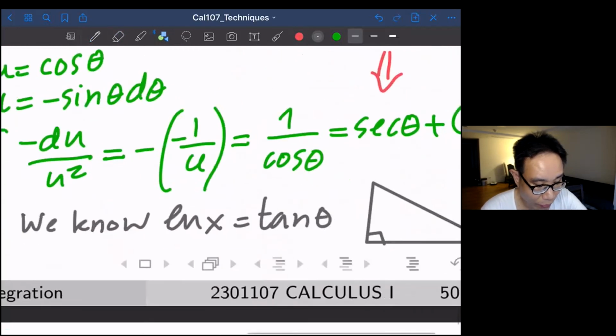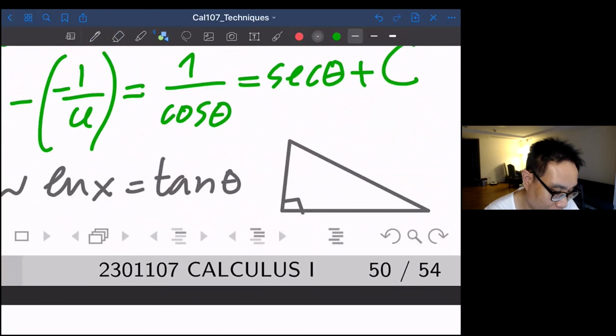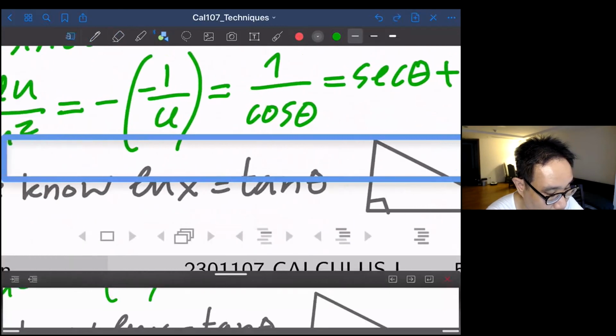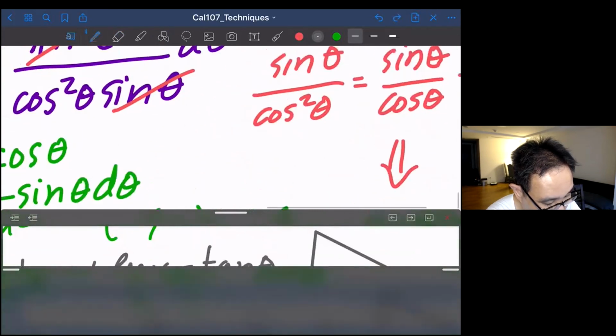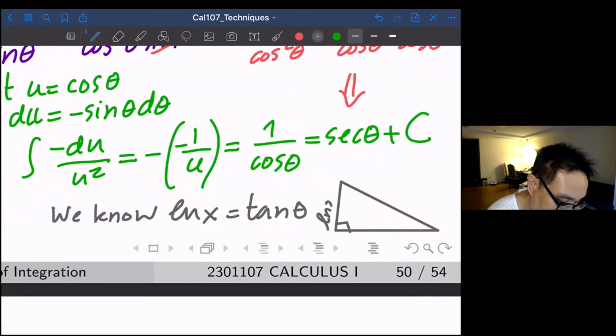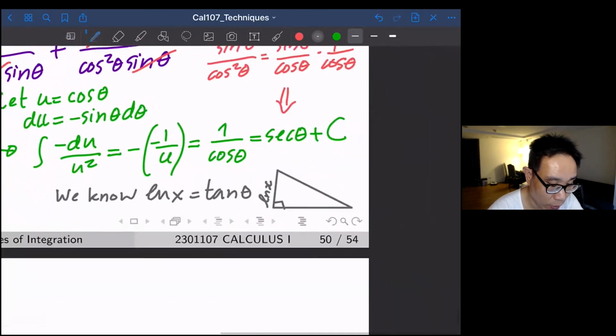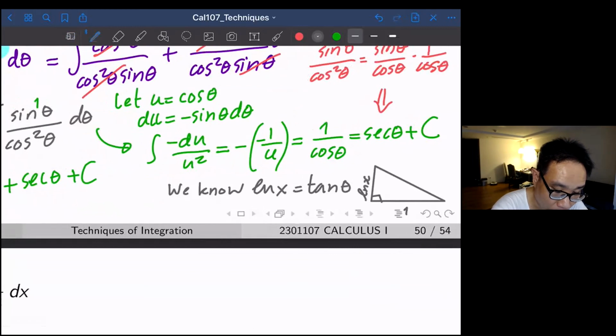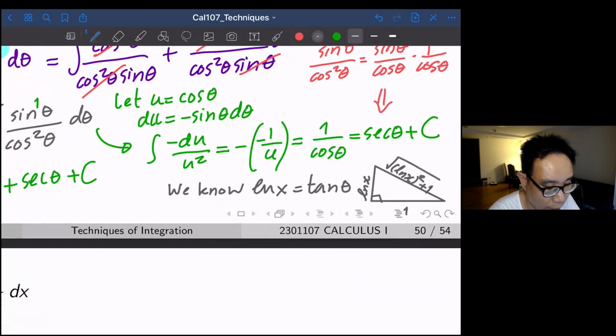For this one, you're going to have log x for the opposite side, and you have 1 on this side, and you have the square root of log x squared plus 1 for the other side.